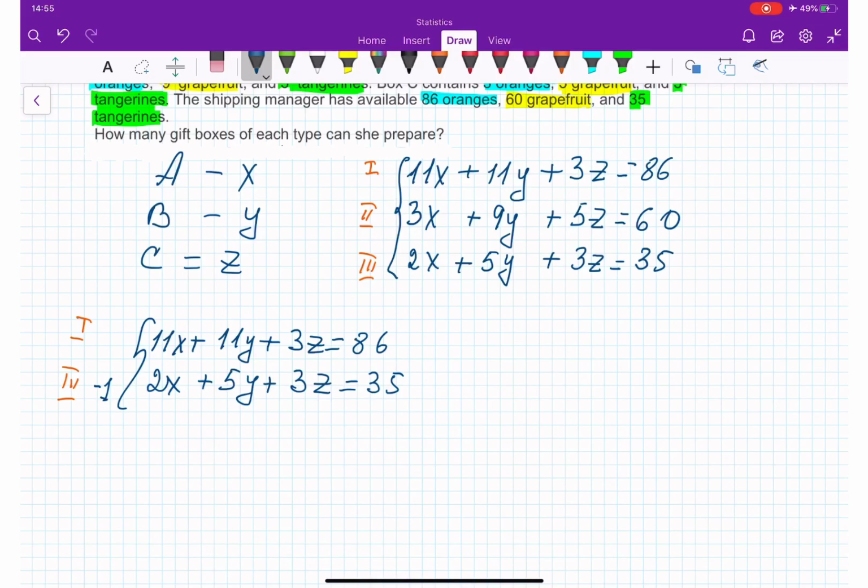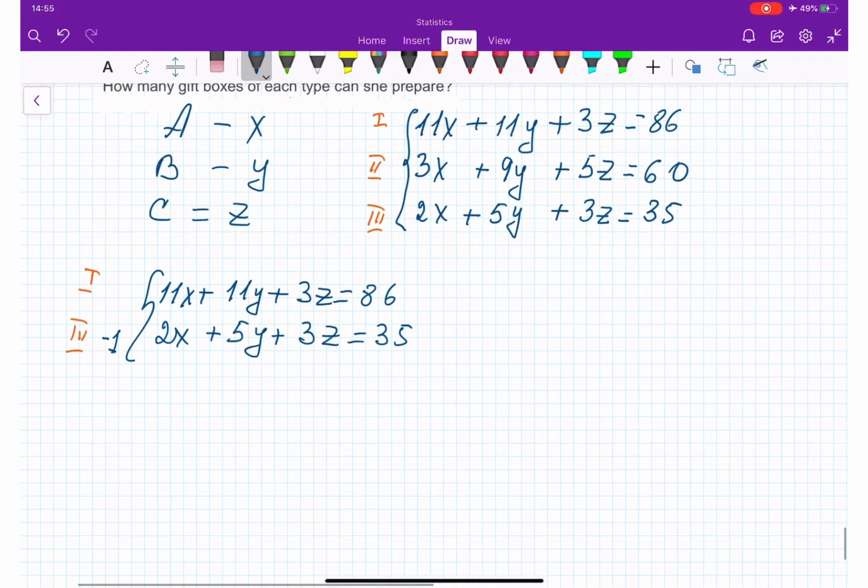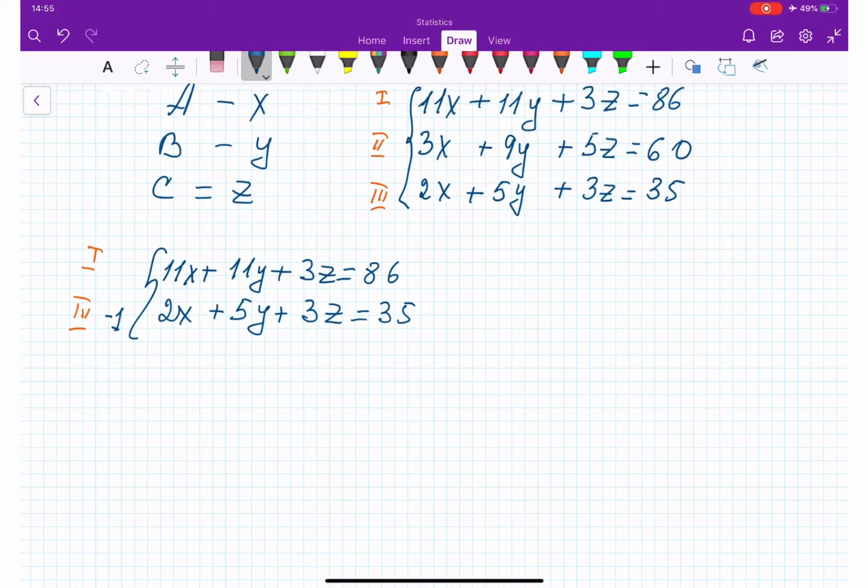So it's gonna give me 11x plus 11y plus 3z is equal 86.